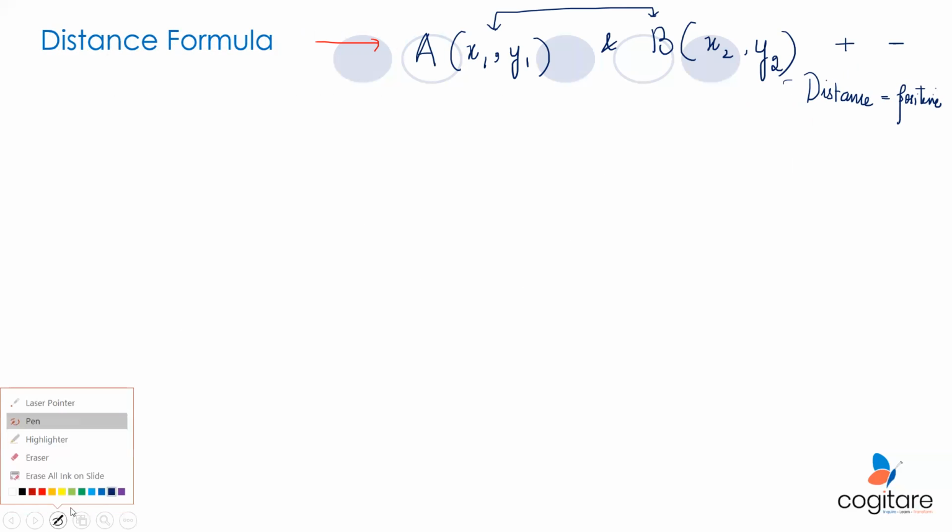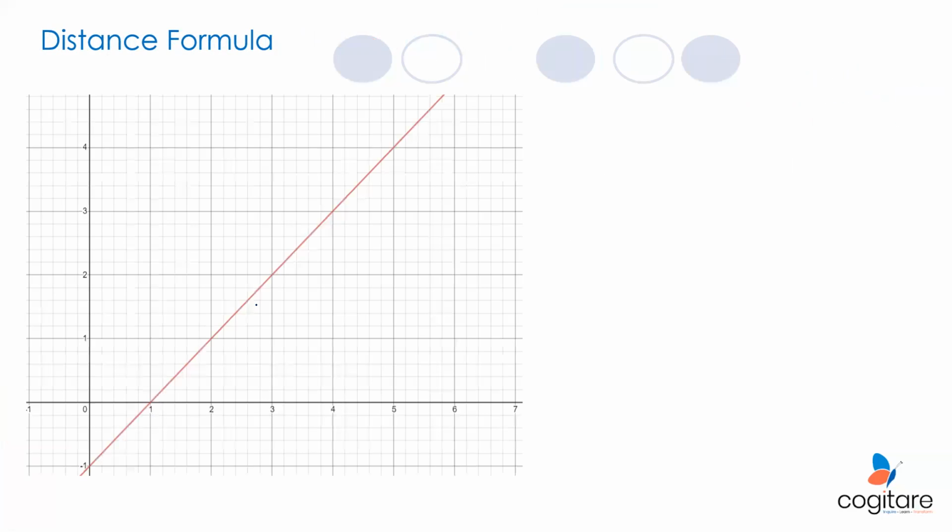For that, let's consider the Cartesian plane. We have a line here, and let's say we have a point A and a point B out here.